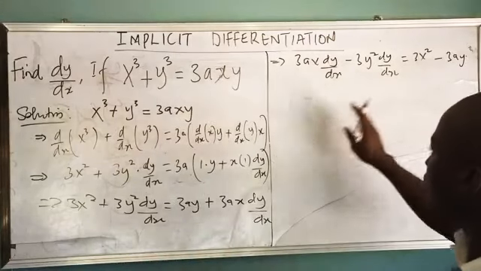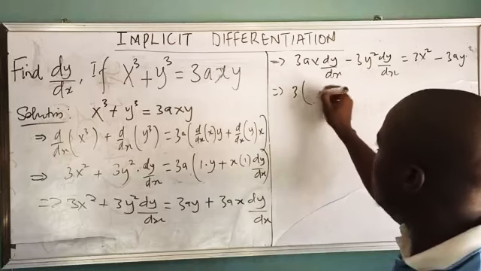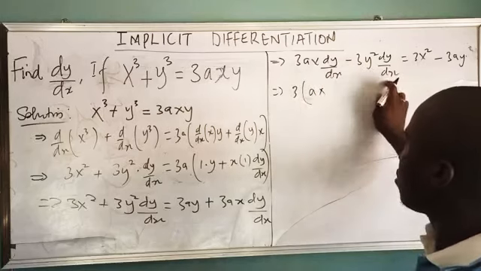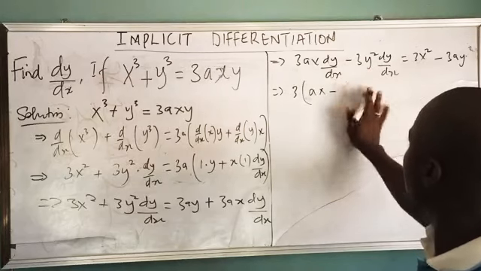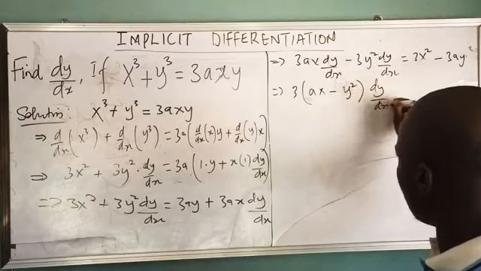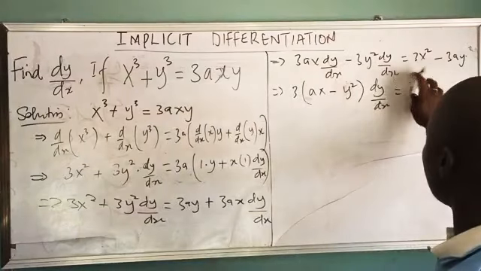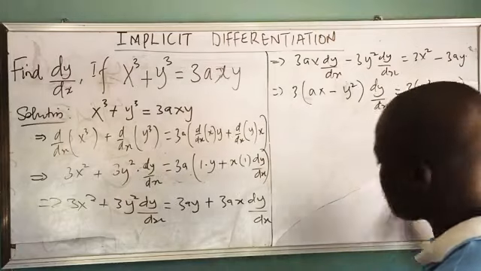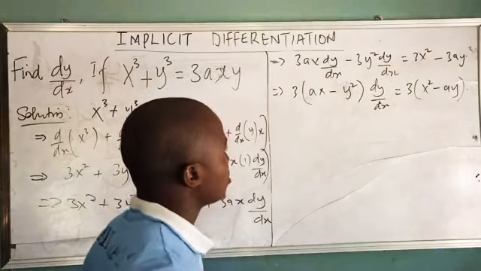From here you can see 3 is common, so bring it out. We have 3 times (ax minus y squared), and dy/dx is also common, so we bring out dy/dx, equals 3 is common here, 3 times (x squared minus ay). Are you following? What is the next thing to do?